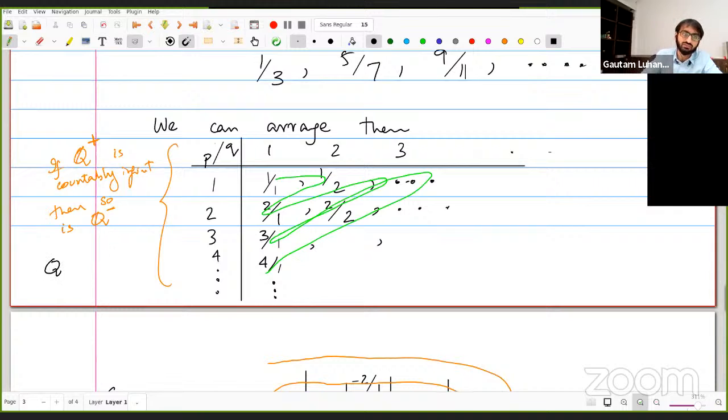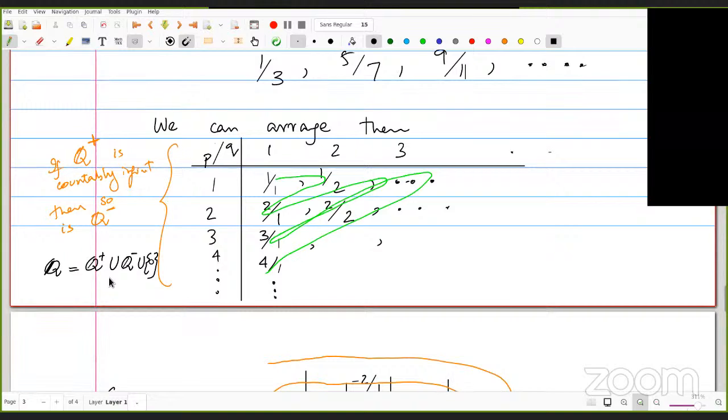But what about the set of rational numbers, which includes Q positive, union Q negative, as well as union the 0? Well, I could start off with 0, then pick something from Q positive, then Q negative, then Q positive, Q negative, just like with the integers.